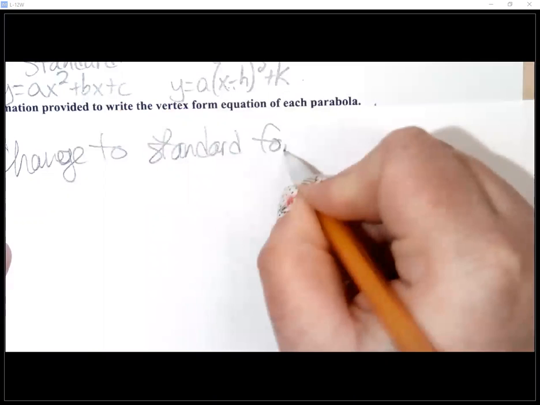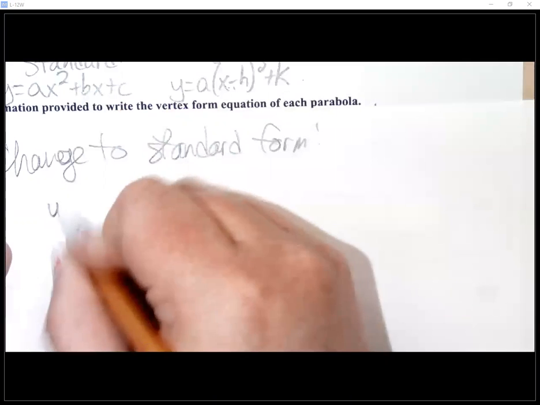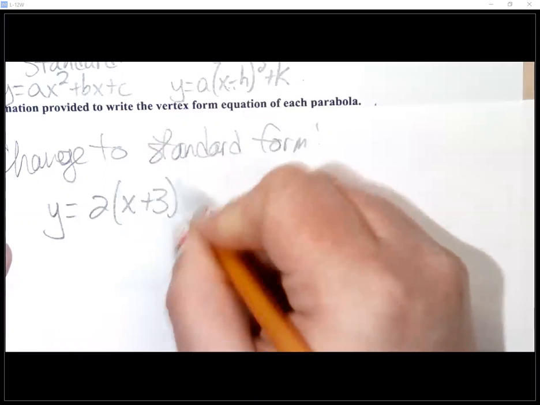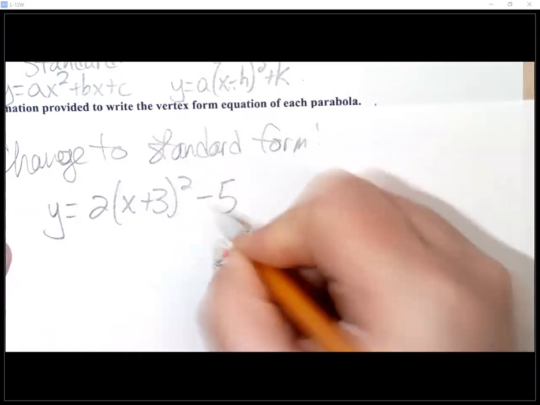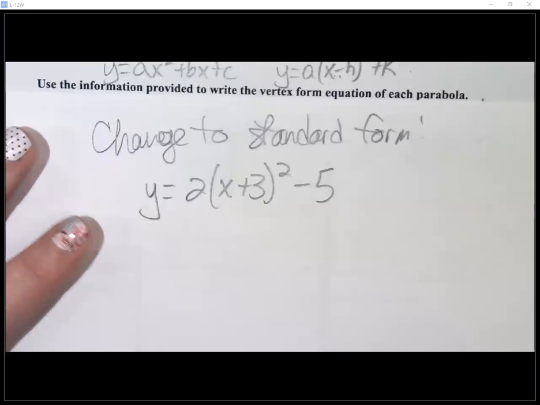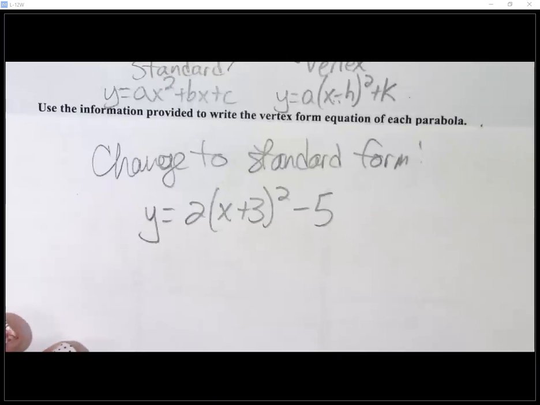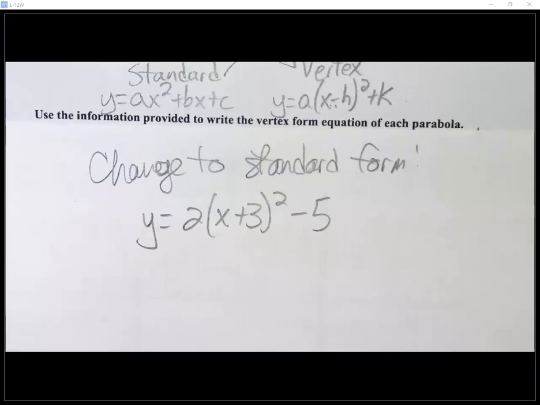So if I give you something like 2 times (x plus 3) squared minus 5, could you turn that into standard form? It's already in vertex form. How would you go back the other way? It's easier than you think.